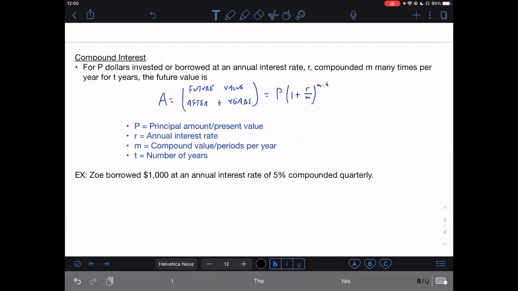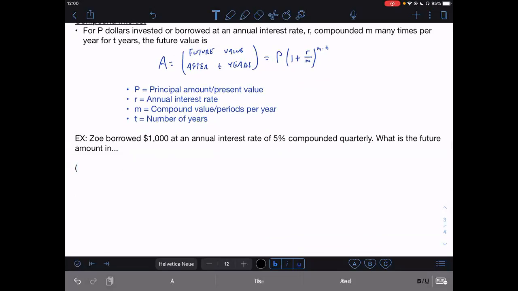Given this information, the interest rate and the loan that you borrowed initially, let's figure out what the future value will be. How much will this loan grow to, or what's the future amount in the following years? For part A, let's figure out how much this loan is going to grow to, in other words, how much she's going to pay back in 2 years.